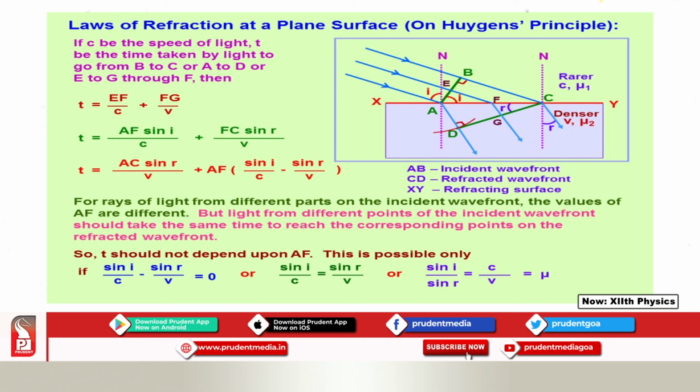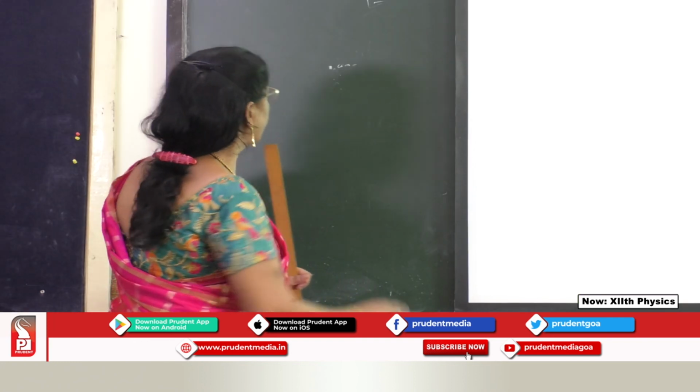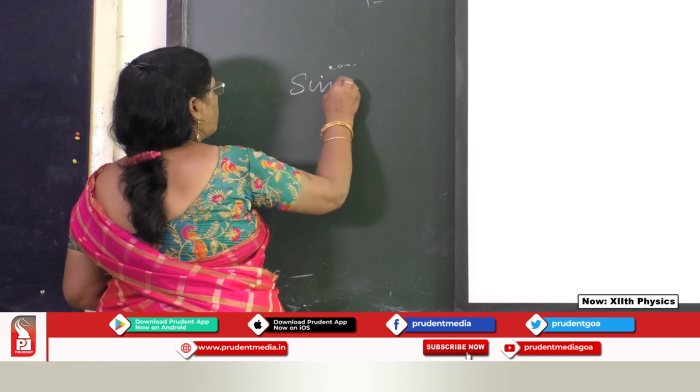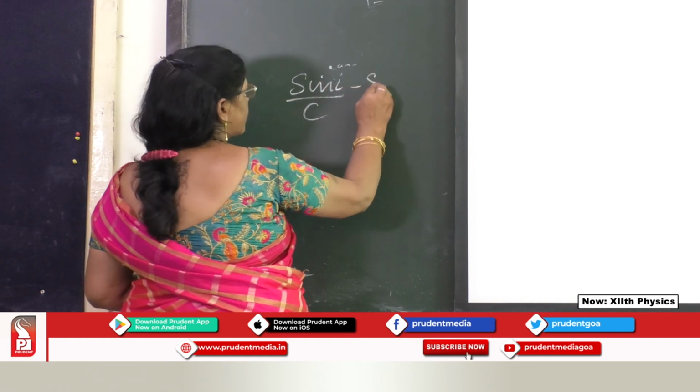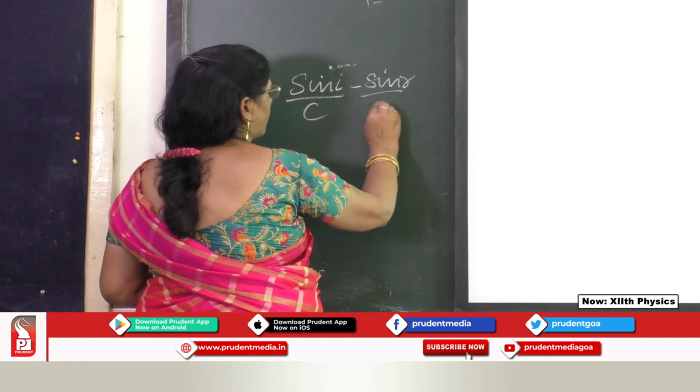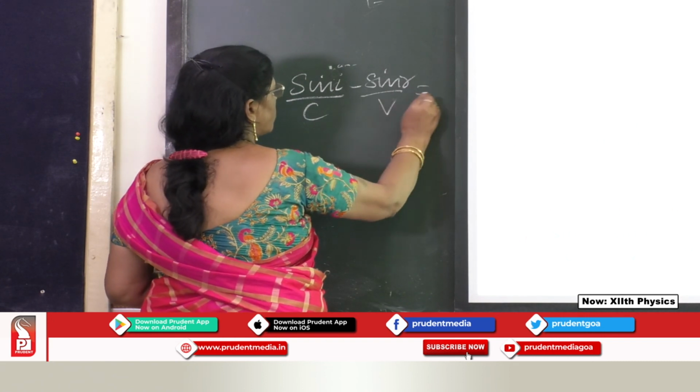So we have here sine I upon C minus sine R upon V equal to 0.